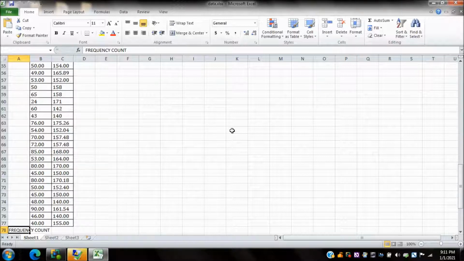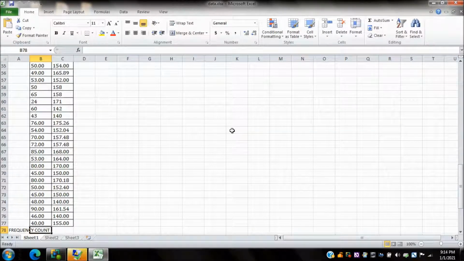Now the first thing that I will be computing is the frequency, or the frequency count for each column. So I'm going to find the frequency of the weight and the height. So I'll press tab to go to B78. B78, weight. Here, to find the frequency, I'll make use of the COUNT function.